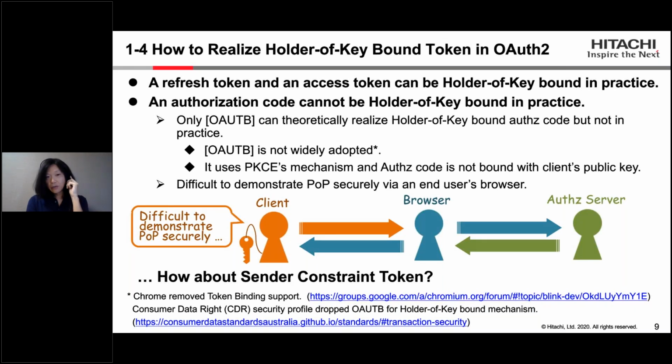So if we are interested in or want to prevent improper resource access by malicious entities who can hold or steal other tokens, how about not only considering the holder-of-key bound token, but also considering the sender constraint token?